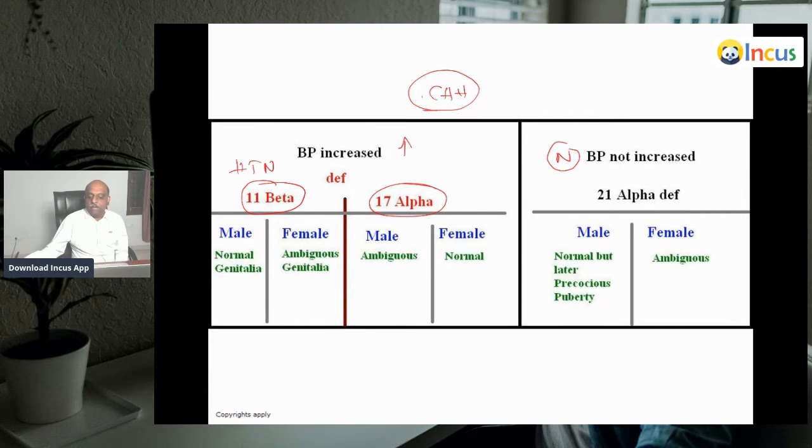BP is normal in 21 alpha. But when 11 beta is there, if it is male, normal genitalia, but in female, clitoromegaly leading to ambiguous genitalia. Whereas in 17 alpha, testosterone will be low. That's the reason males will have undescended testis, ambiguous genitalia, whereas in female it is normal.